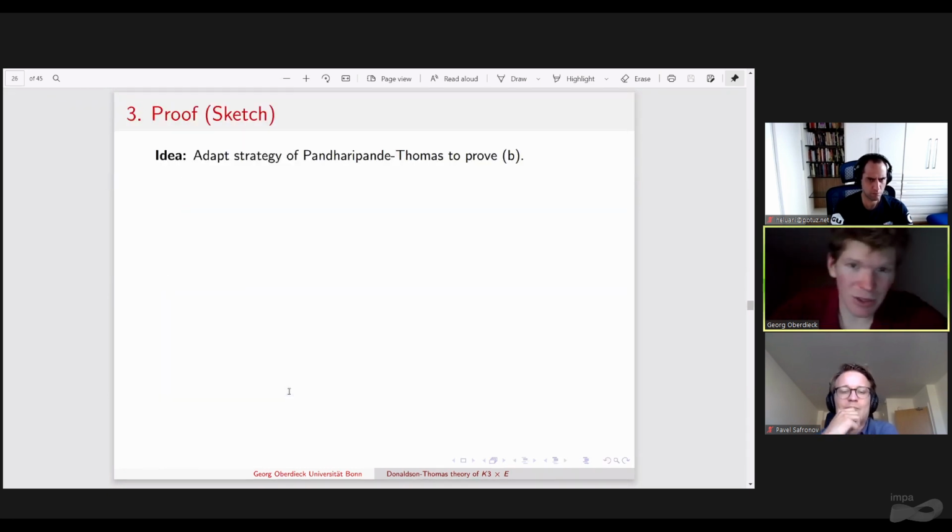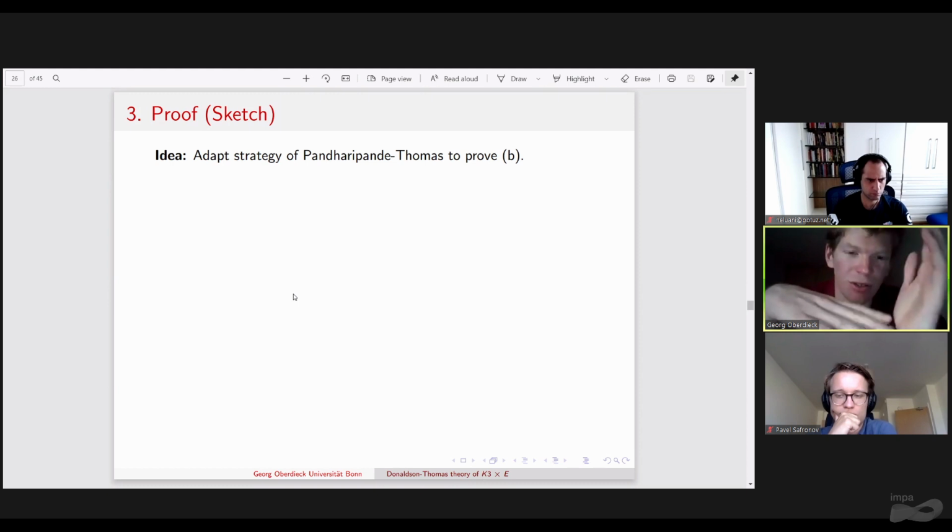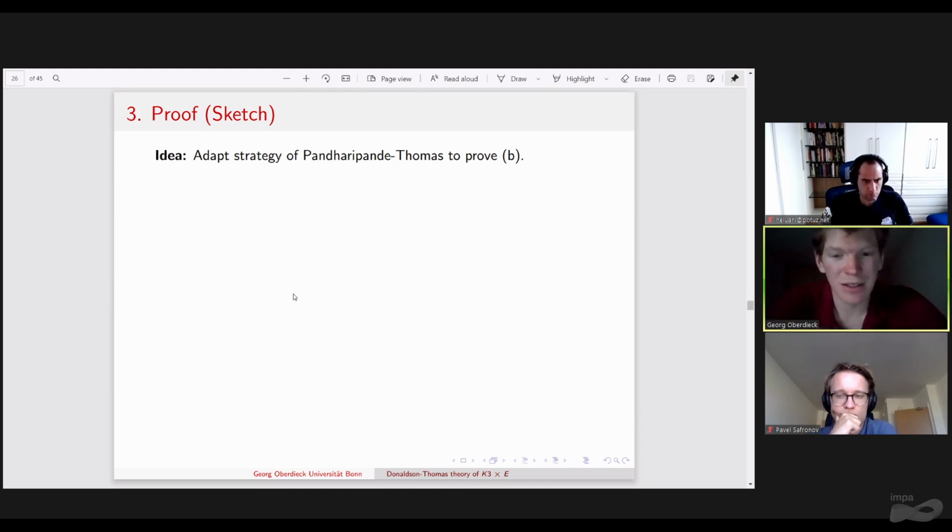In the Pandharipande-Thomas case, you look just at surface times C, the surface times A1, or complex numbers. Then you localize on the C factor, and after localization what you get is some sort of nested Hilbert scheme.